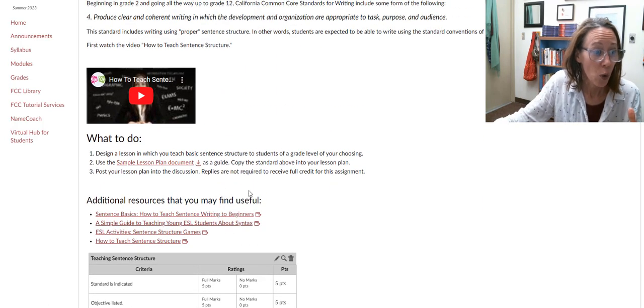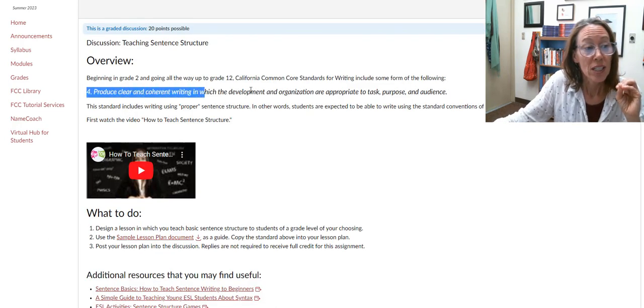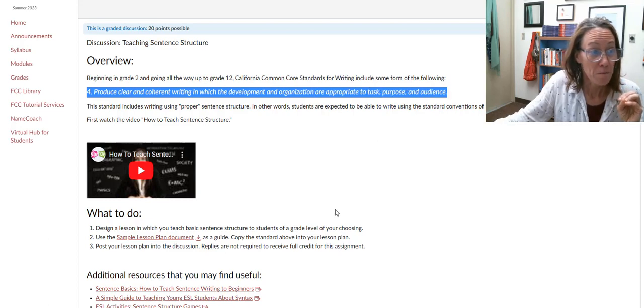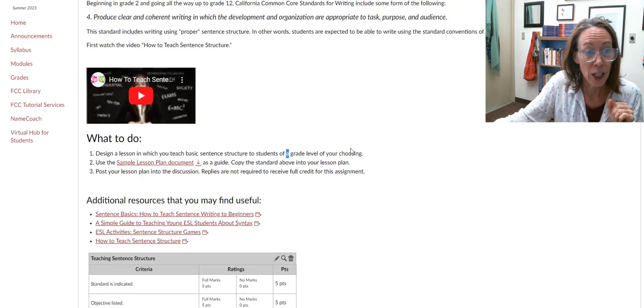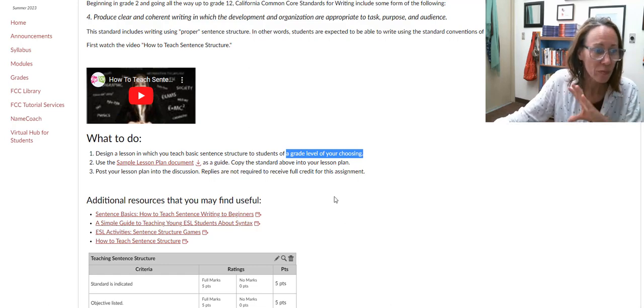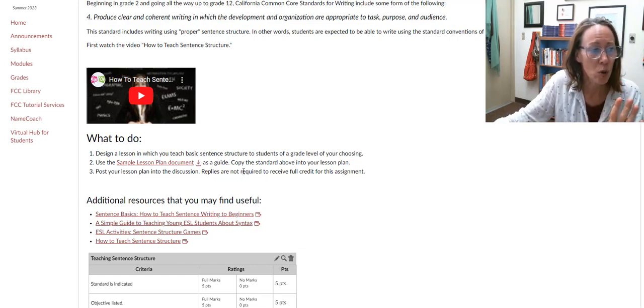Then what you're going to be doing is designing the lesson written to this standard. This is going to be for any grade that you want. Pretty much every grade in California has some kind of version of writing correct sentence structure. So you can choose any grade that you want, and you're just going to post your lesson plan in the discussion.